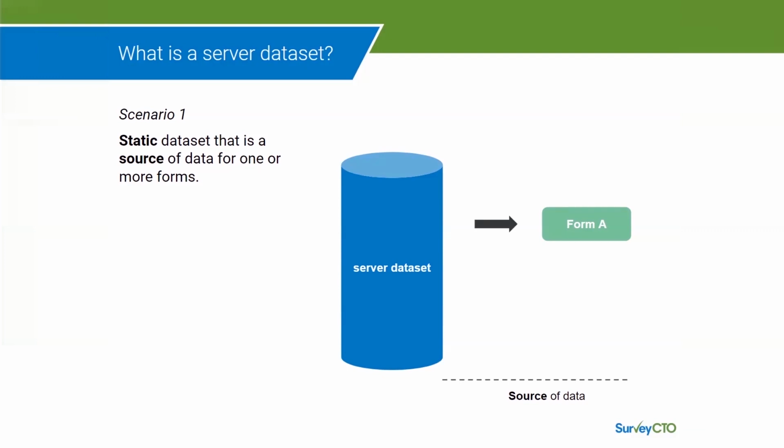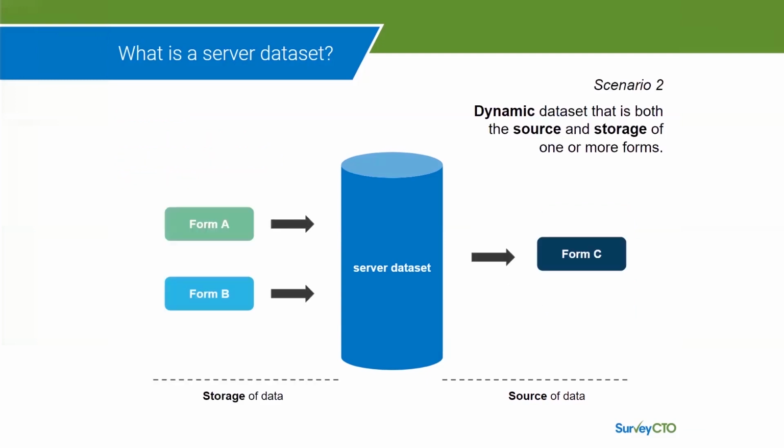Once the static server dataset is in your server, it can be attached and be a source of data for one or more forms. There is no limit. This is a common workflow for panel surveys. For instance, imagine that you have collected a baseline data and you are now in the midline or endline, and you want to push this data into your form so you can compare respondents' new answers to their old answers.